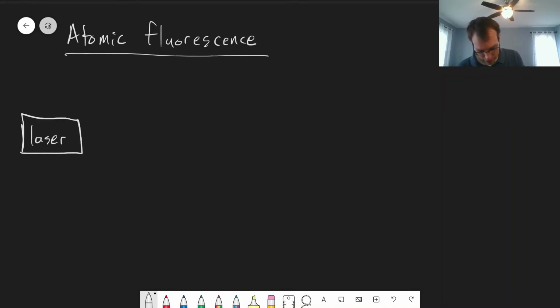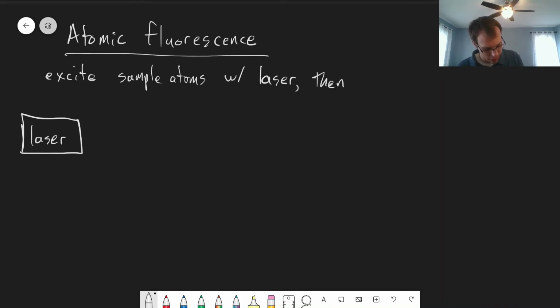We usually use laser-induced fluorescence. So we're going to excite our sample atoms with a laser, then look at fluorescence emission.